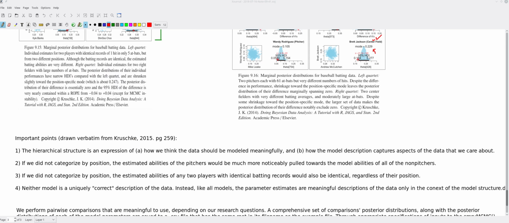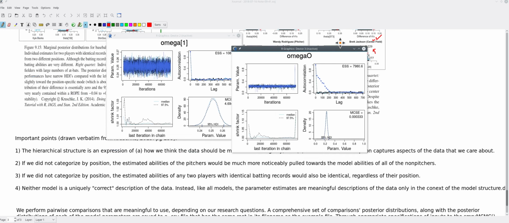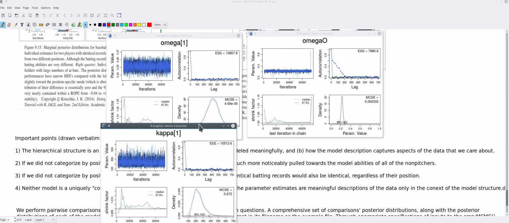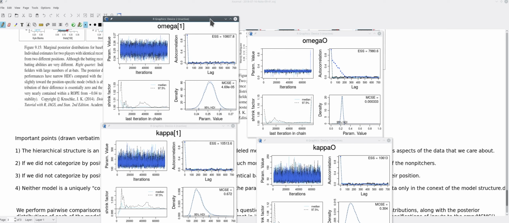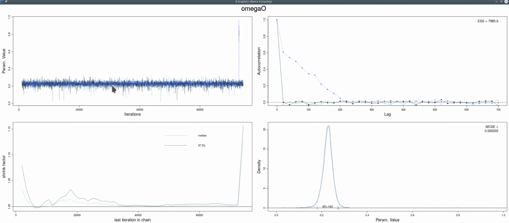Now quickly let me pull the diagnostics, just a sample of the diagnostics, to see whether these things are converging or not. Let's look at the overall omega, for instance. There is the caterpillar plot over here.